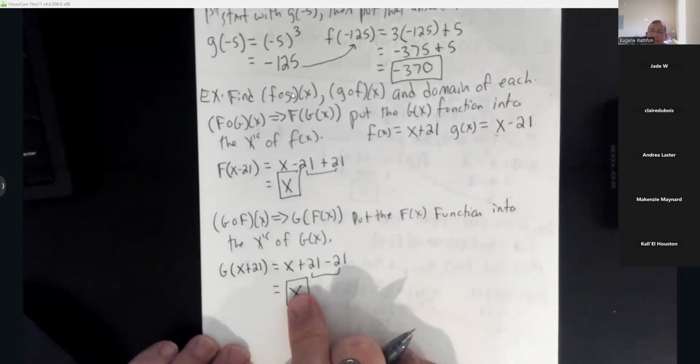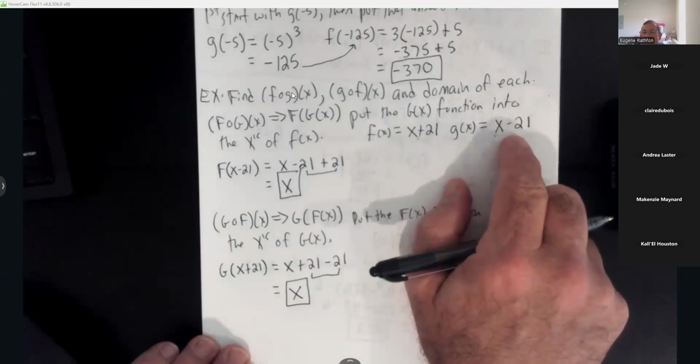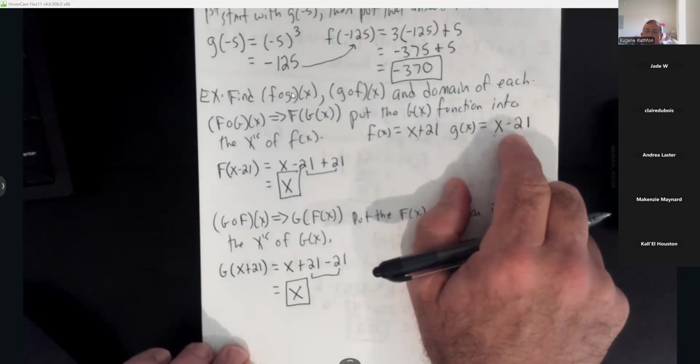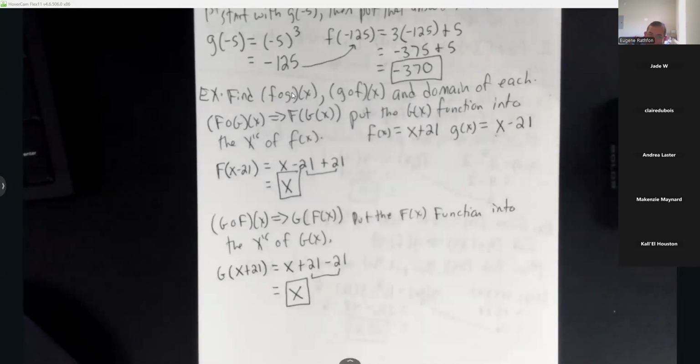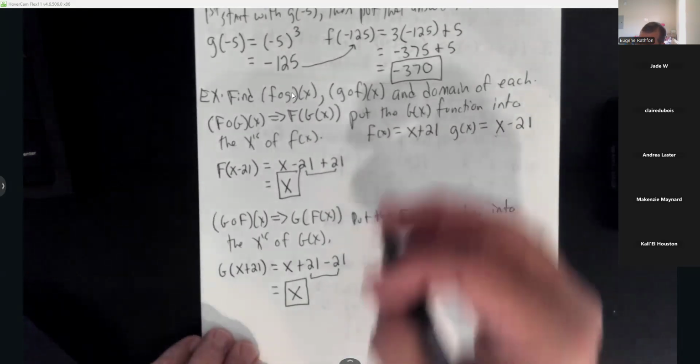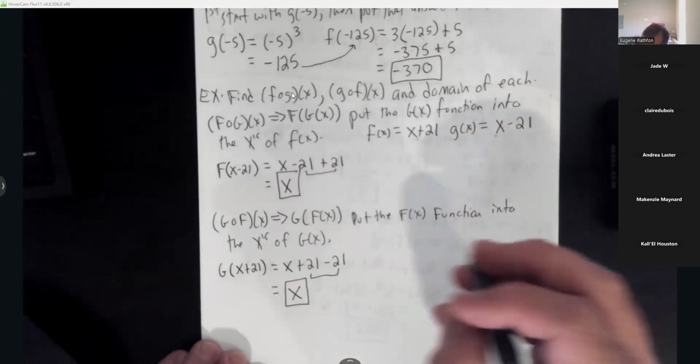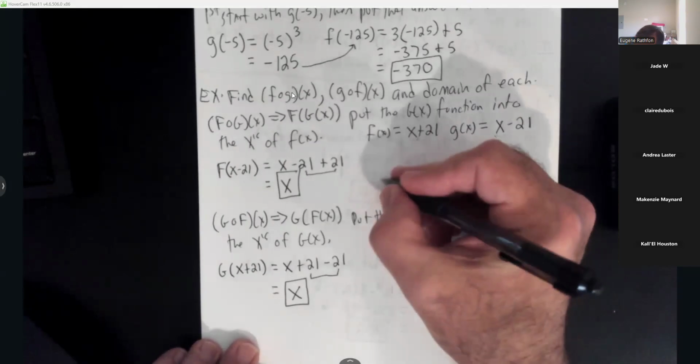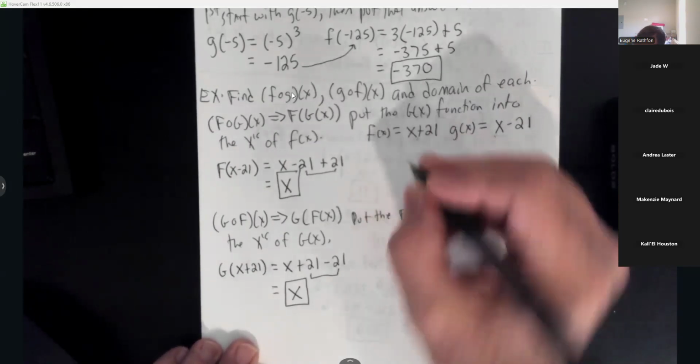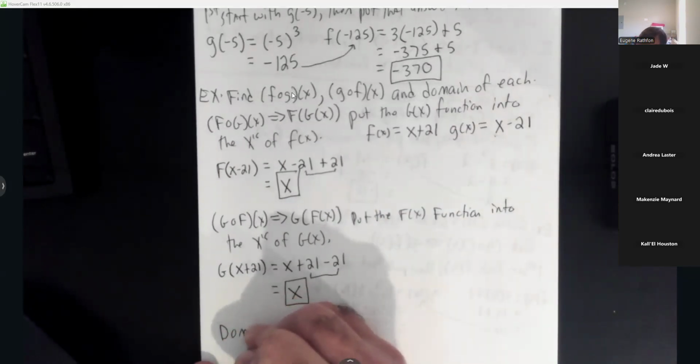Now, the reason we only got x's on these is because this function and that function, the only thing different was the plus and the minus on them. They had the same number and everything on these, okay? All right. So now it would ask for the domain of f of x. So y'all, let me find the domain.